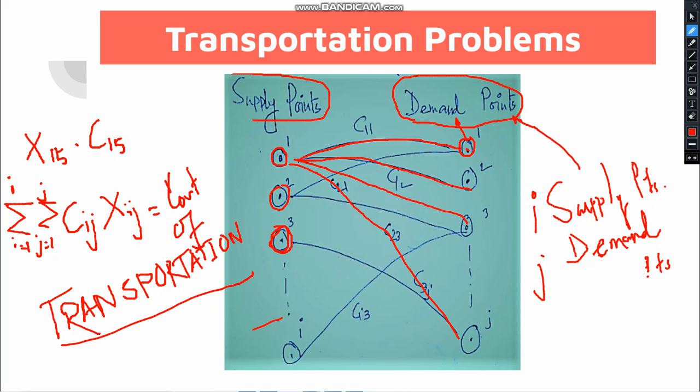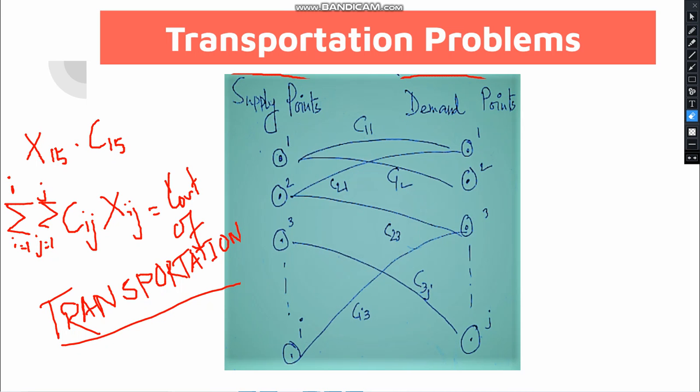Obviously, what will be the objective of any company? Any industry will obviously try to minimize this cost. So if you remember the LP formulations, our objective will be to minimize the sum of Xij Cij.